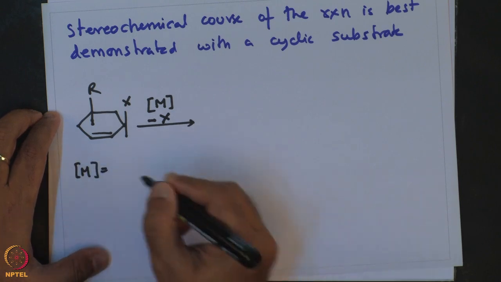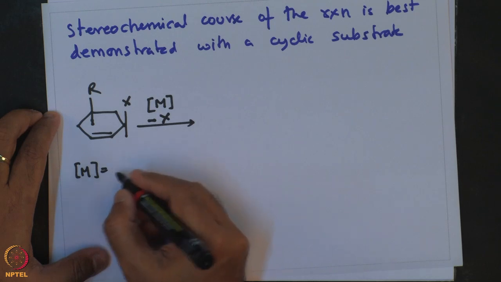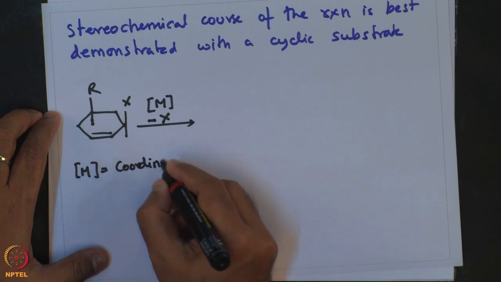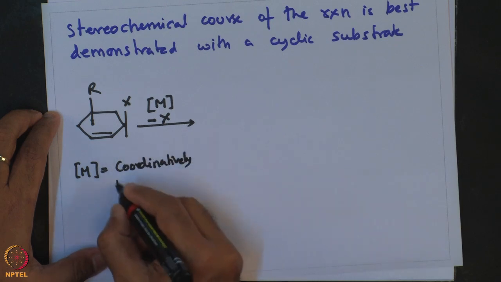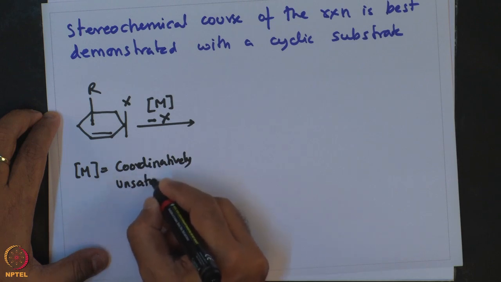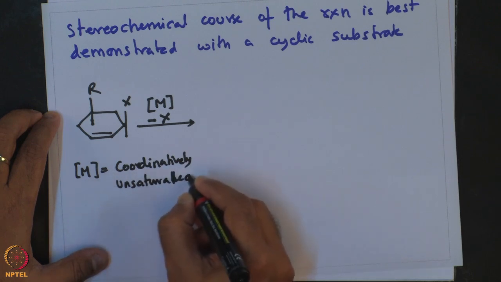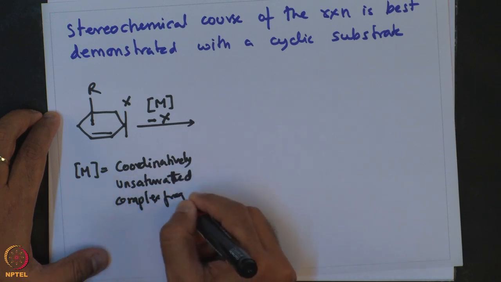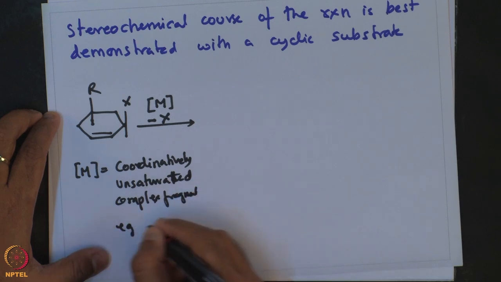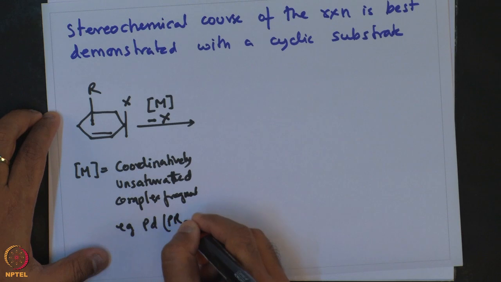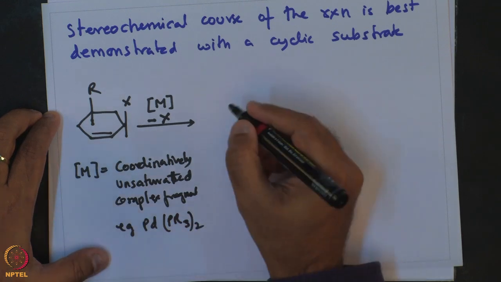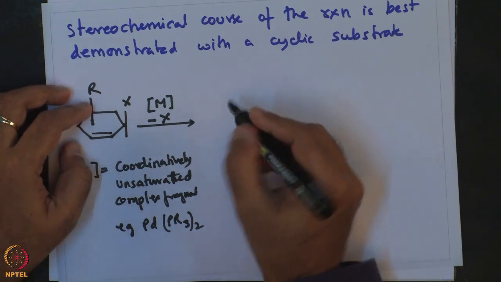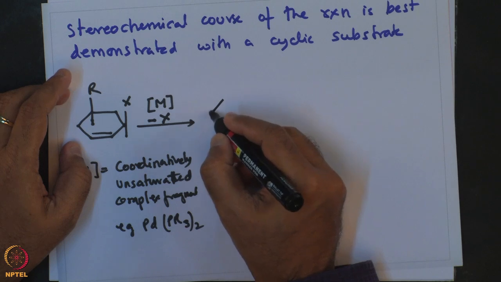M equals coordinatively unsaturated complex fragment, for example Pd PR3 whole 2, then that undergoes attack from a nucleophile.